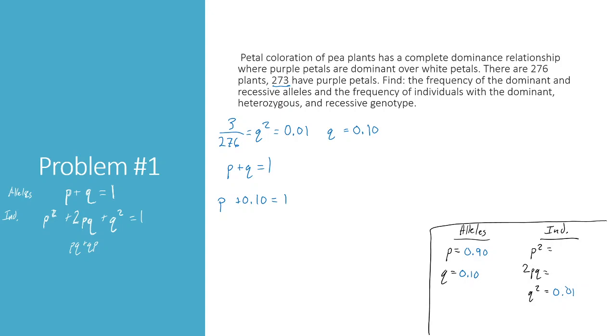Okay. Now, something that sometimes trips people up is that 273 out of 276 individuals have the purple color, and what this is equal to is, again, it could be the p squared genotypes, or it could be the 2pq genotypes.